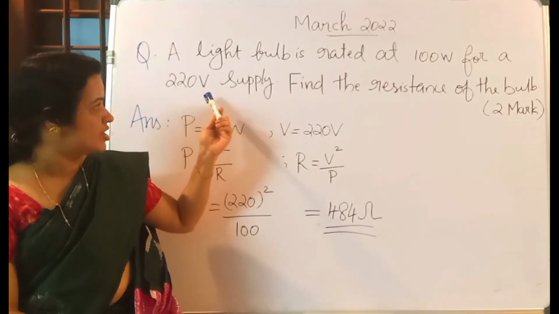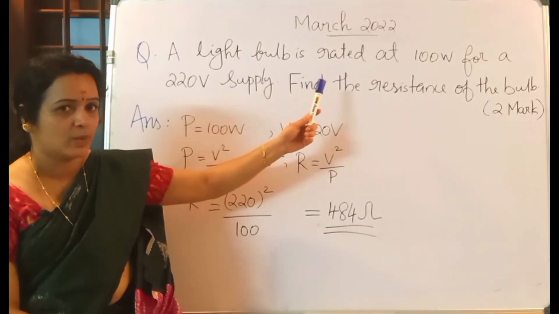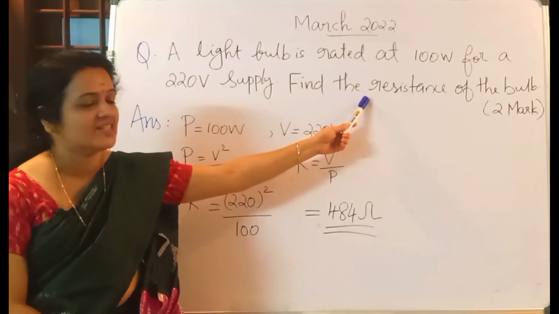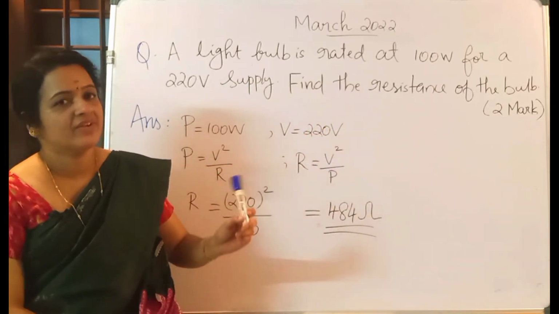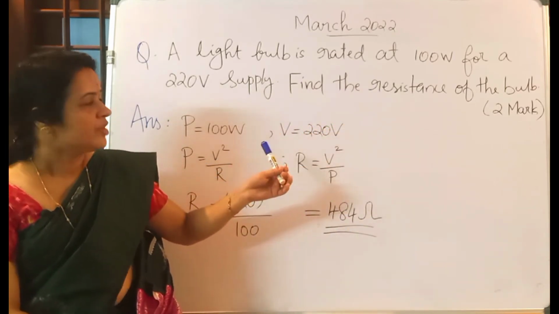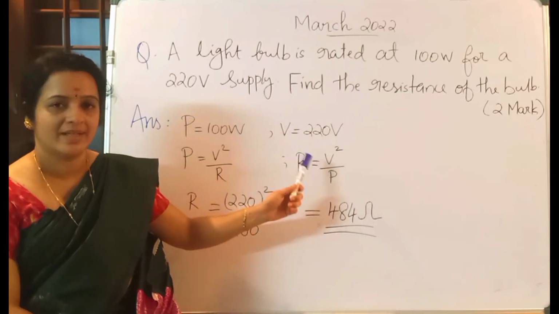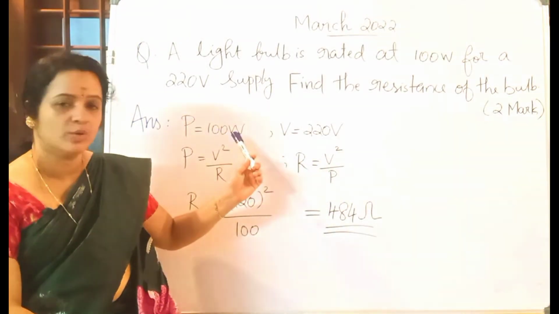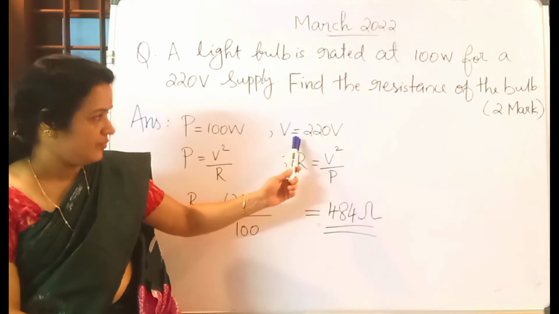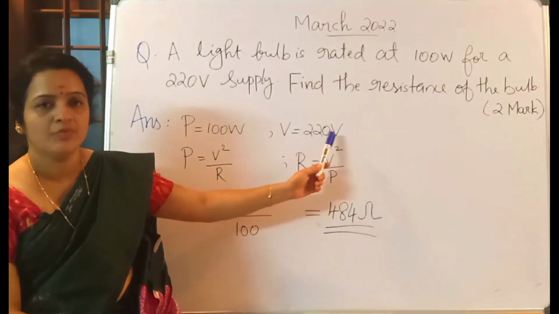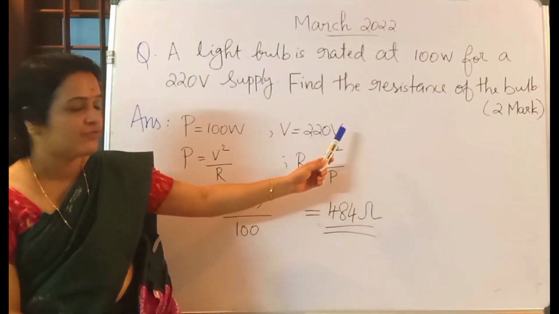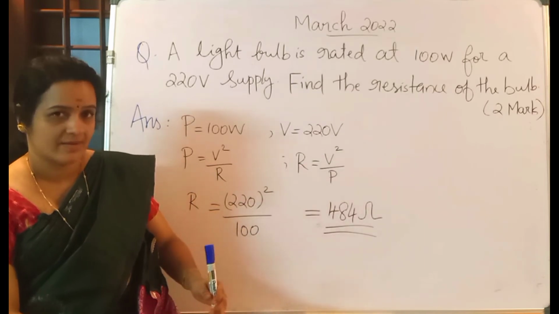That is 220 volt. Then what we have to calculate? The resistance we have to calculate. So whenever we are getting such a numerical problem, you have to write down the given quantities first. Here P is equal to 100 watt. Then V is equal to 220 volt. Then what we have to find? That is R. Right.